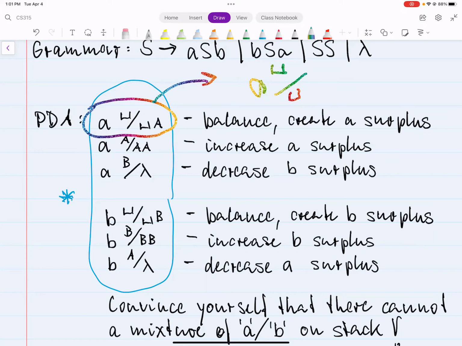Obviously, we have eaten an A. Are we supposed to eat another symbol? Obviously not, right? Good.